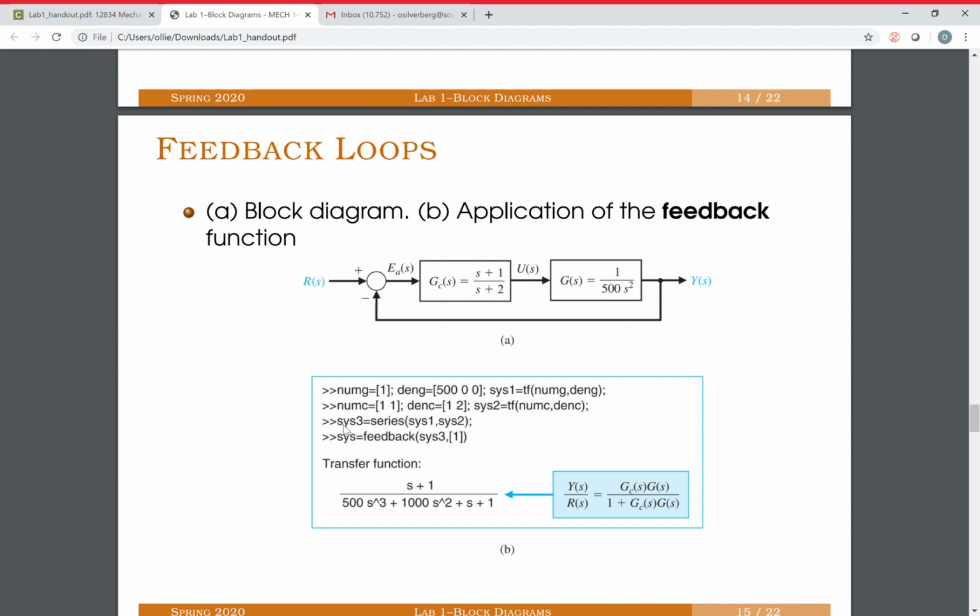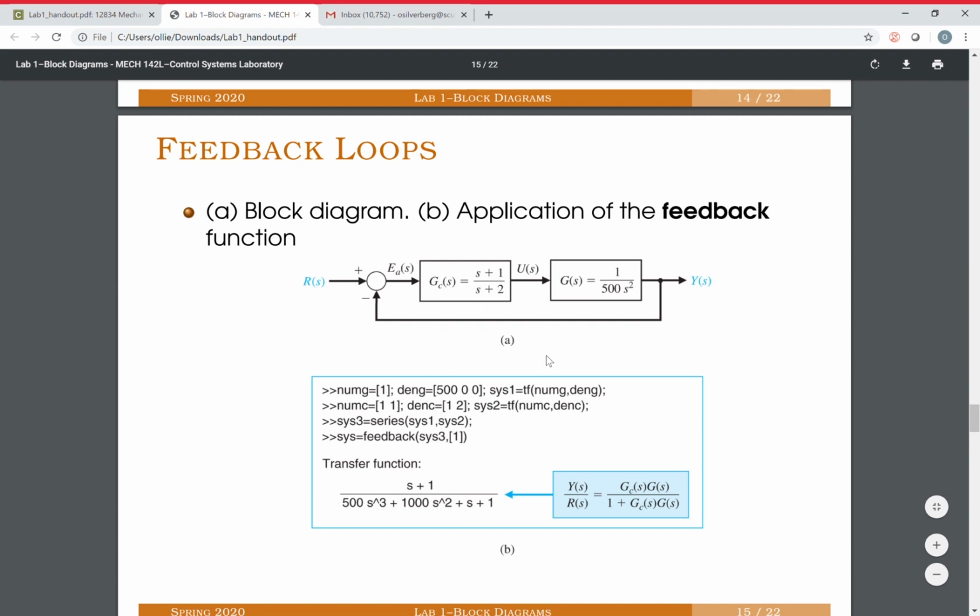And then to simplify the feedback down into one transfer function, we can use the feedback function here. System 3 is the series equivalent, and then we have just 1 in brackets, meaning that it's unity feedback. We're not specifying the sign, so MATLAB is going to say, okay, we're doing negative feedback. And this produces the following transfer function, Y of S over R of S.